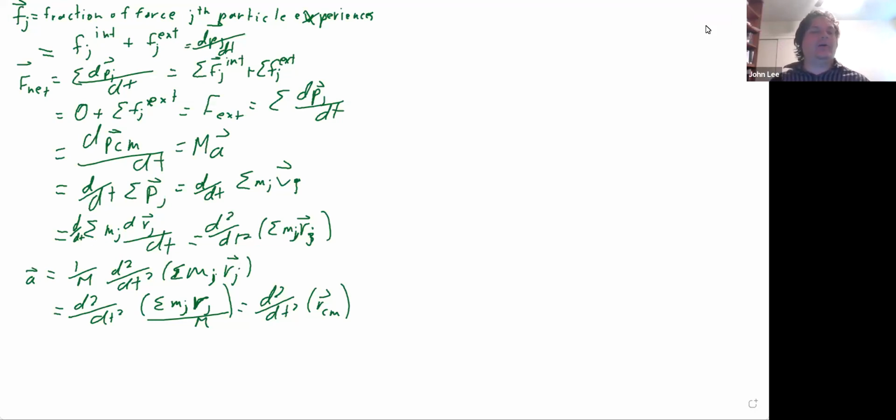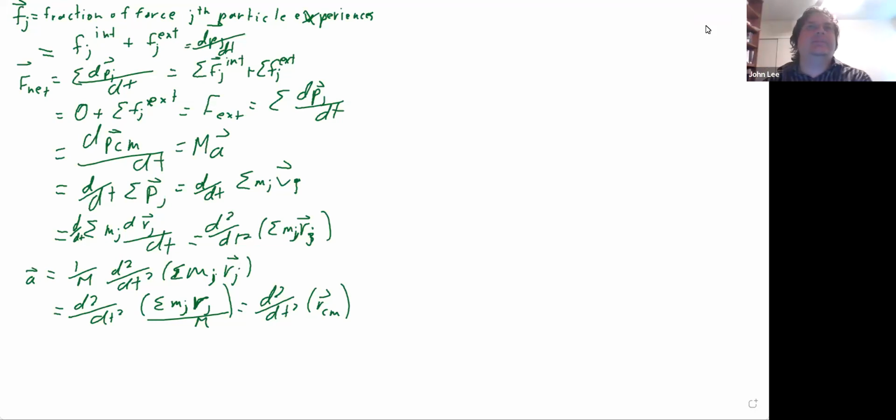So when you add them all out, there's going to be a negative internal force for every positive internal force that you experience, which means that you're going to end up only caring about the external forces, so sigma Fj. So F net is only going to be external forces, which is equal to the change in momentum over the change in time.